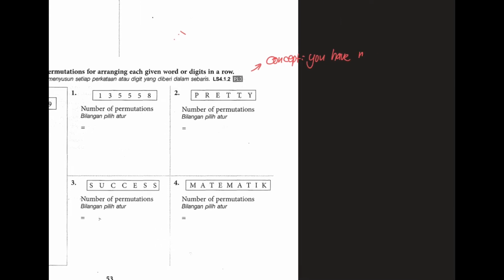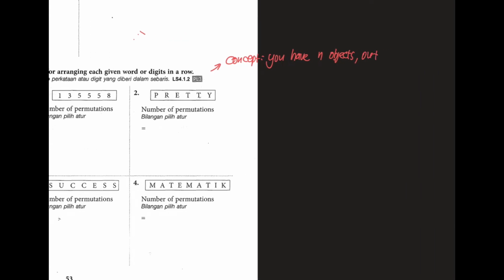I give you the concept. You have n objects, out of them r objects are identical, s objects are identical, and so on.